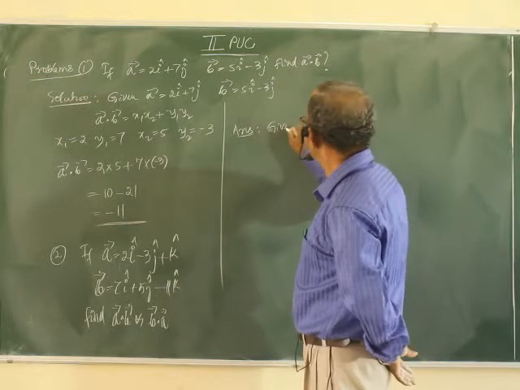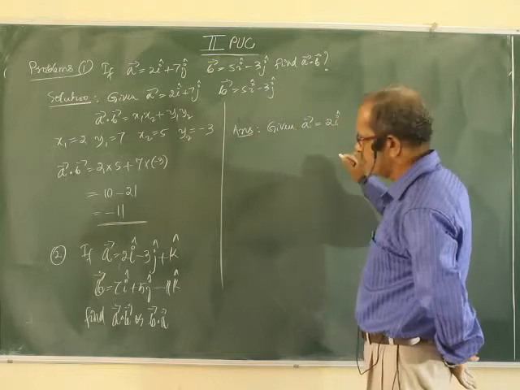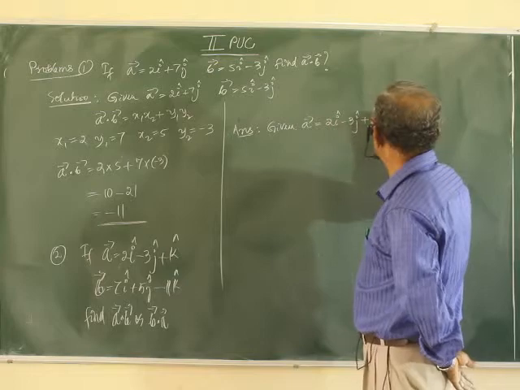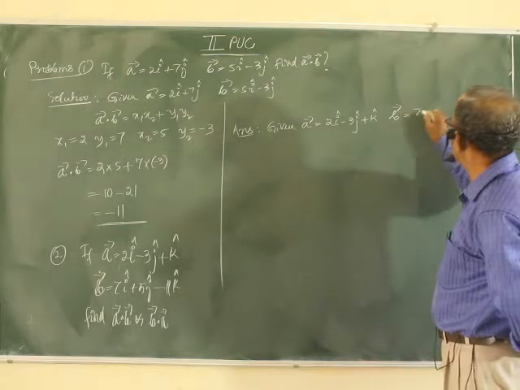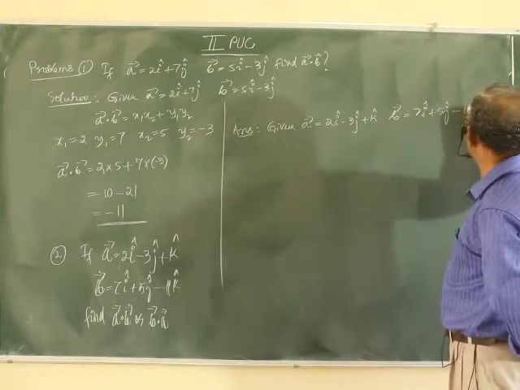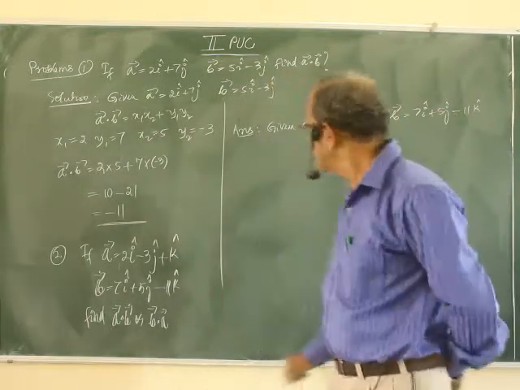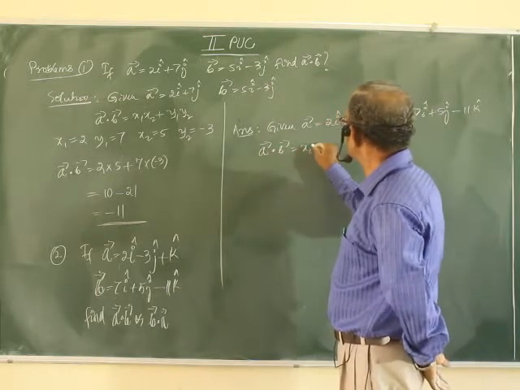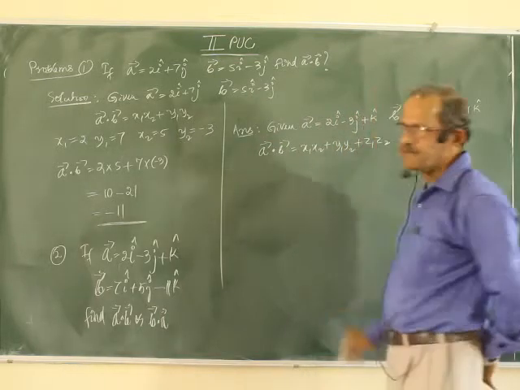Given A equal to three-dimensional 2i minus 3j plus k, B equal to 7i plus 5j minus 11k. A dot B, write the formula first: x1 x2 plus y1 y2 plus z1 z2.